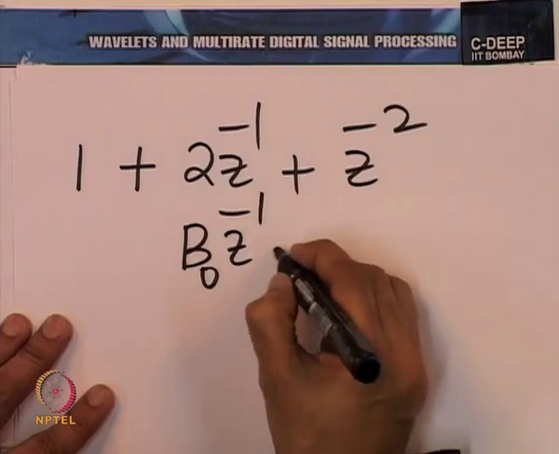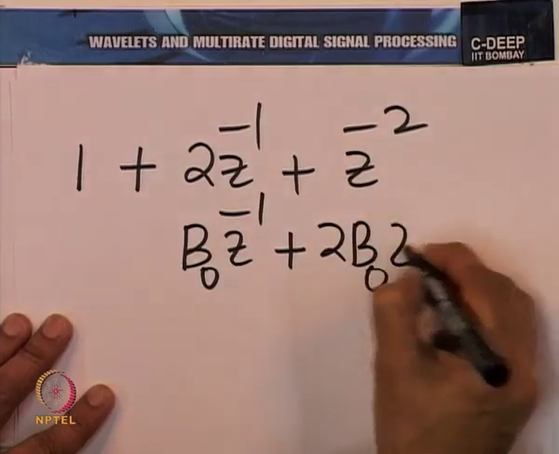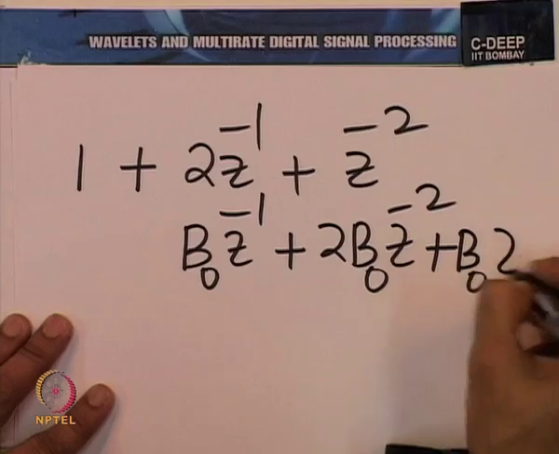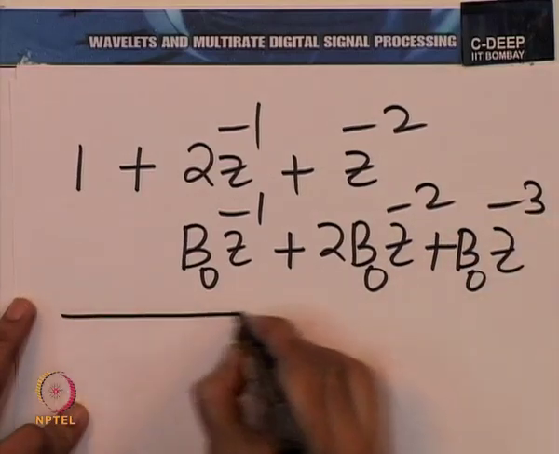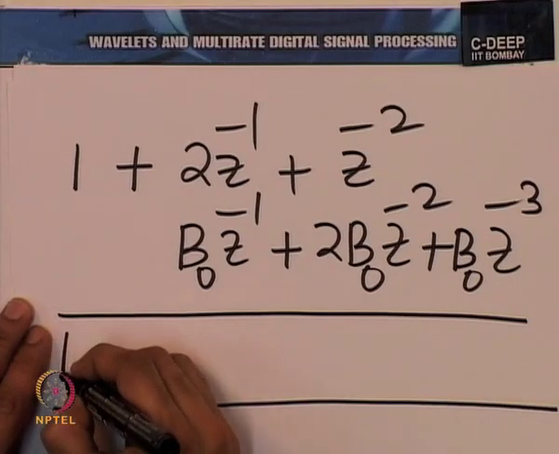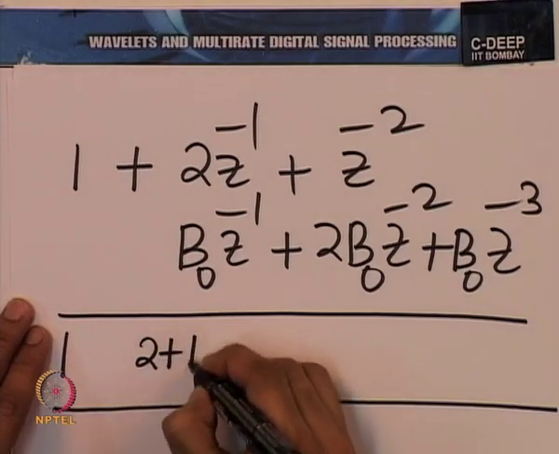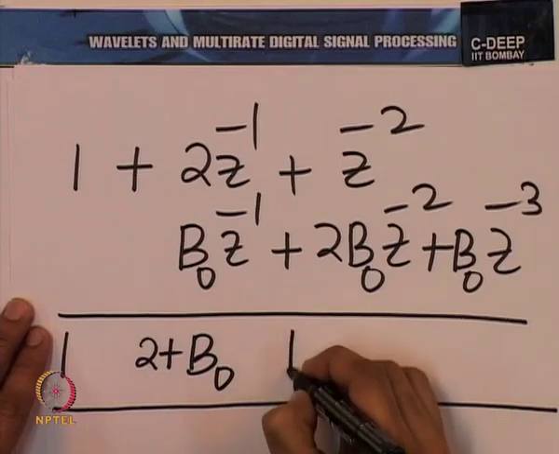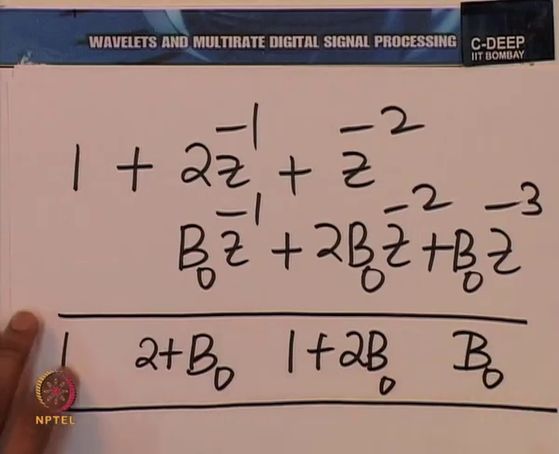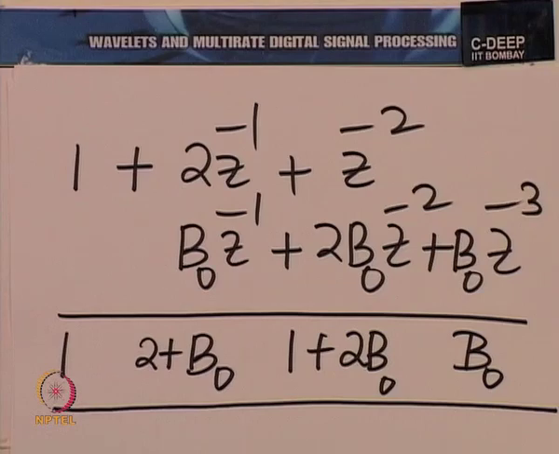So, b 0 z inverse plus 2 b 0 z raised to the power minus 2 plus b 0 z raised to the power minus 3. So, in a sense we have the following impulse response for the filter: 1, 2 plus b 0, 1 plus 2 b 0 and b 0 here. This is the impulse response. Now, we have set up the low pass filter for the second member in the Daubechies family.